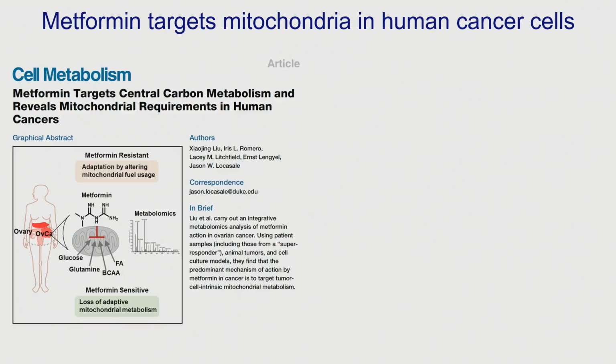Now, does this happen in humans? Well, the closest we've gotten to are these 2 studies, and there are a few others. Ernst Langel and Joseph Lecosel gave ovarian cancer patients metformin and took biopsies before and after, and what they found was that the TCA cycle intermediates were down in those biopsies, as was metformin enriched.